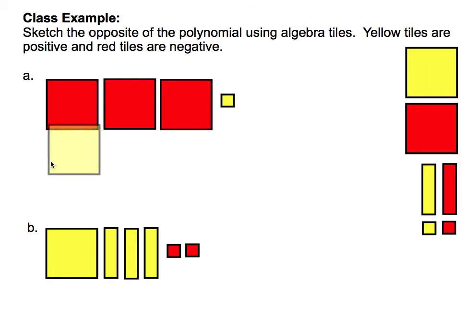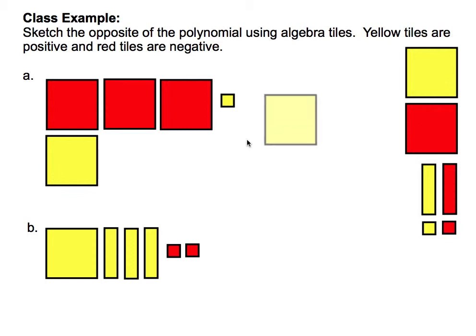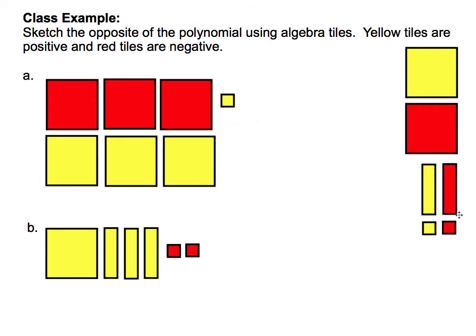Okay? So if I want to zero out, remember, because I said the opposite has the definition of a sum equal to 0. So really, I have to zero out my algebra tiles by creating its opposite. So what's opposite from negative 3x squared plus 1 is positive 3x squared minus 1.